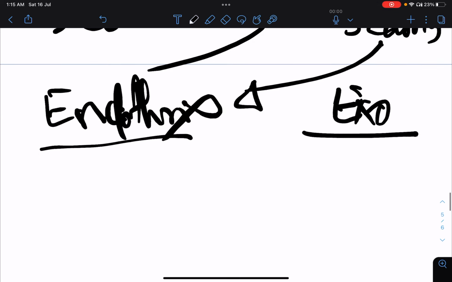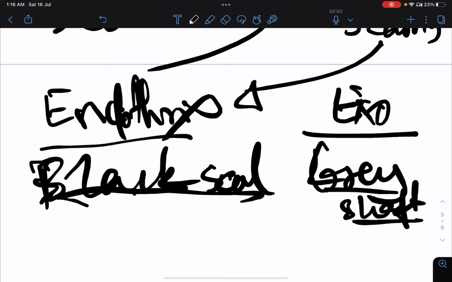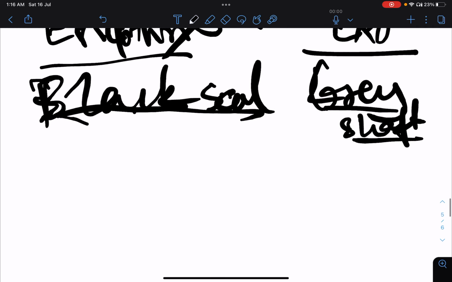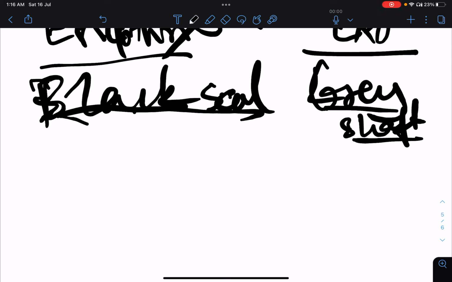Endothrix is going to be black, and exo is going to be gray. Gray shaft, black shaft, black scalp, gray shaft. Let me just write it down. All right, not to be racist or anything, but that's it. And if you want to know, you could know the causative agents. But what I'm saying is that tinea capitis could be any one of these.